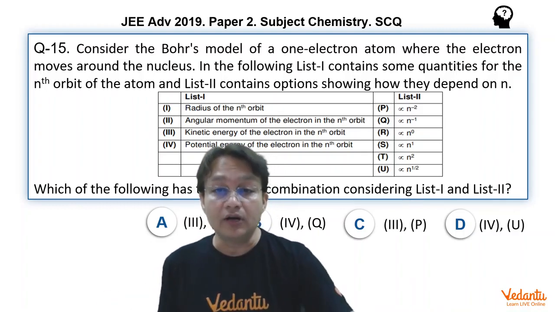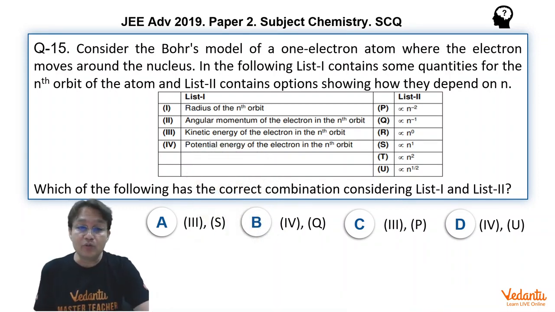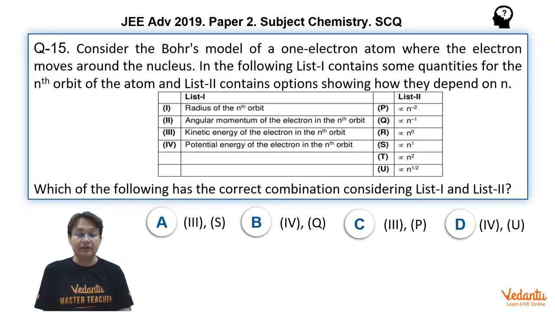Consider the Bohr's model of one electron atom where the electron moves around the nucleus. In the following, list 1 contains some quantities for the nth orbit of the atom and list 2 contains options showing how they depend on n. The first quantity is the radius of the nth orbit. Second is the angular momentum of the electron in the nth orbit. Third is the kinetic energy of the electron in the nth orbit.